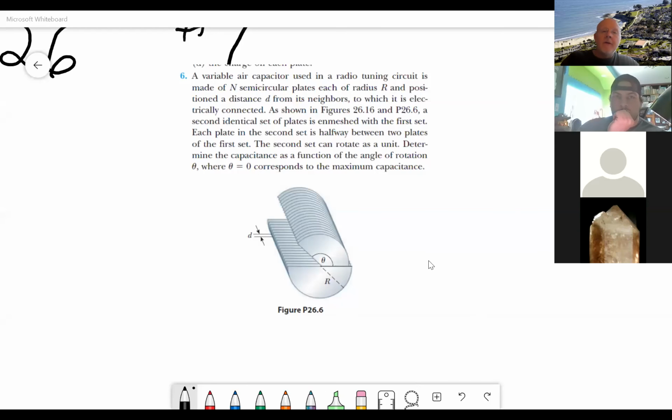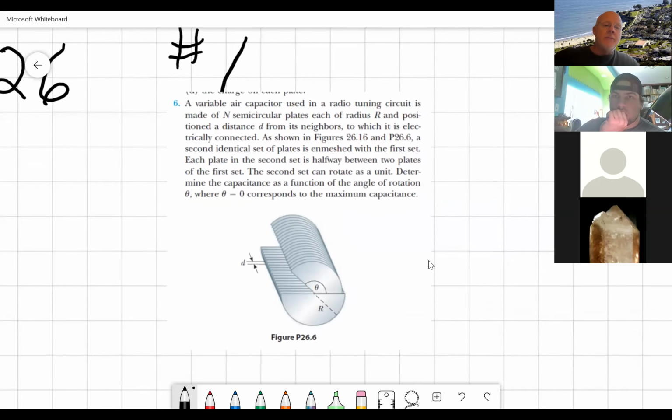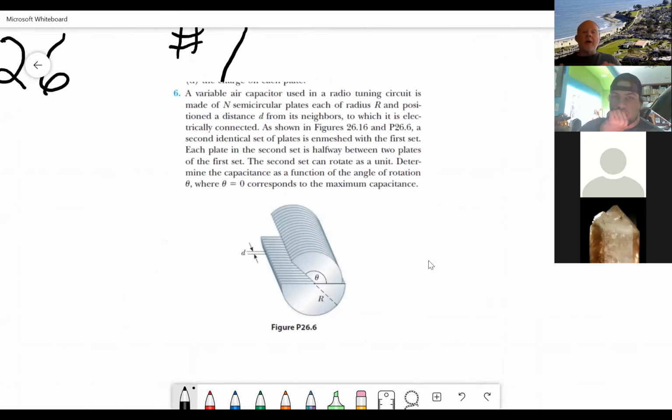Here we go. All right, so here it says a variable air capacitor is used as a radio tuning circuit and is made with N semicircle plates, each of radius R, and positioned a distance D from its neighbors. So no numbers really to work with. To which the electrical connections are shown in figure P26.6.